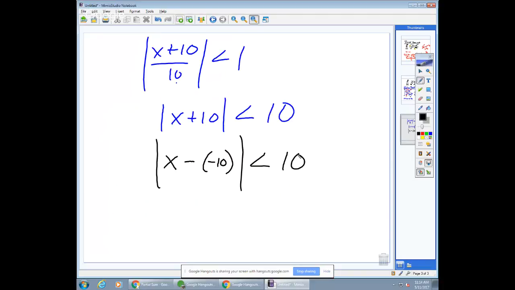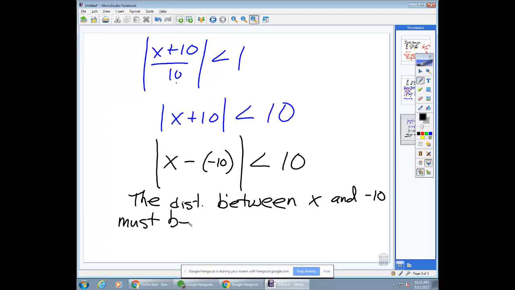So this tells me geometrically the distance between x and -10 must be less than 10. In other words, x is a number that's no more than 10 units from -10.